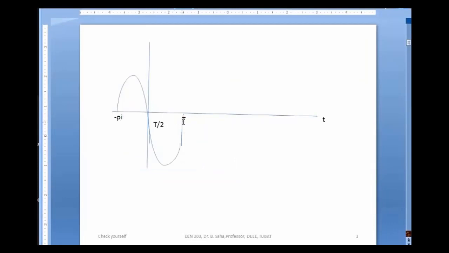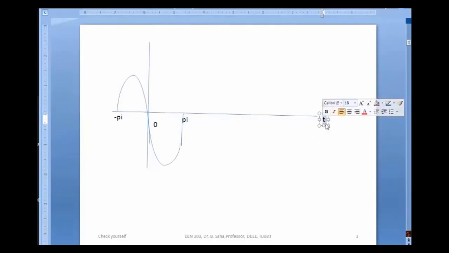So remember, in the video you can see it maybe different. That will be the pi, and that will be 0. But remember, this is not t, this is theta.